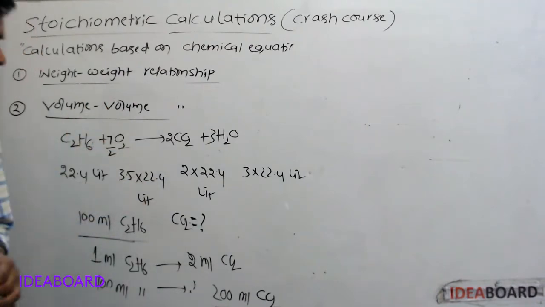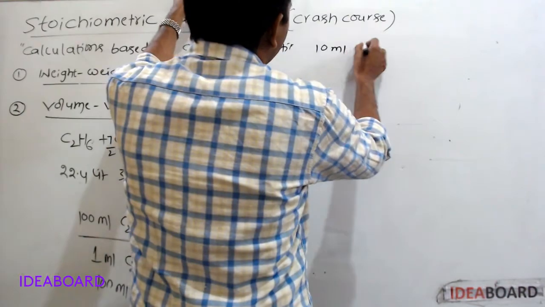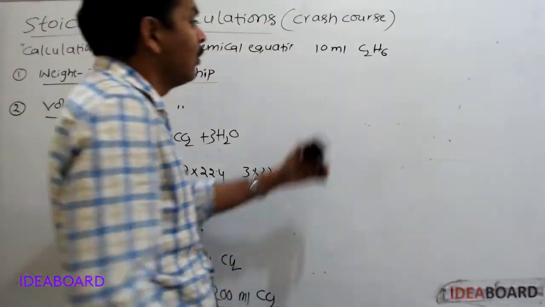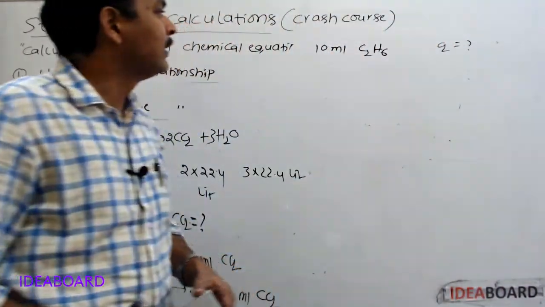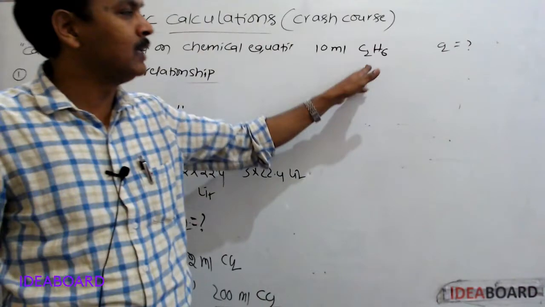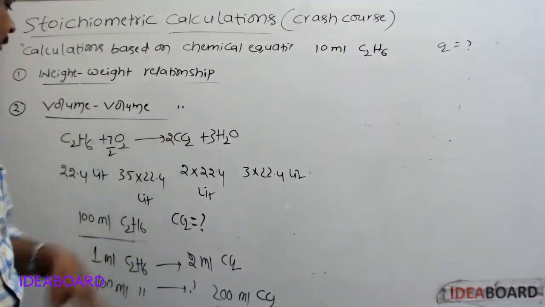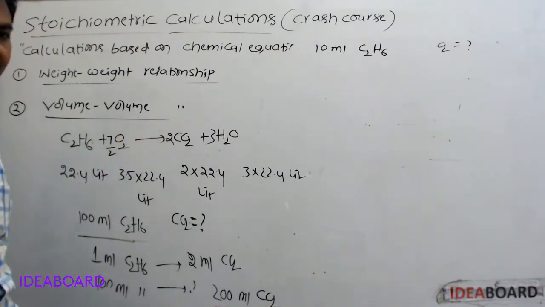Suppose the problem is given like this: for the combustion of 10 milliliters of ethane, what is the volume of oxygen gas required? From this equation, we can say that for 1 mole, 3.5 moles of oxygen is required.